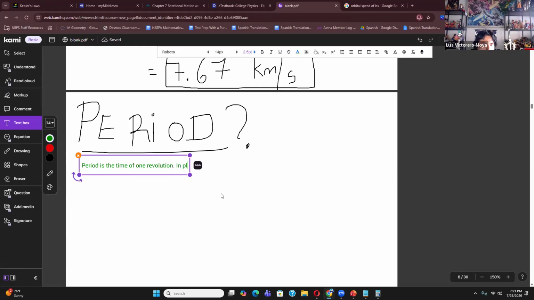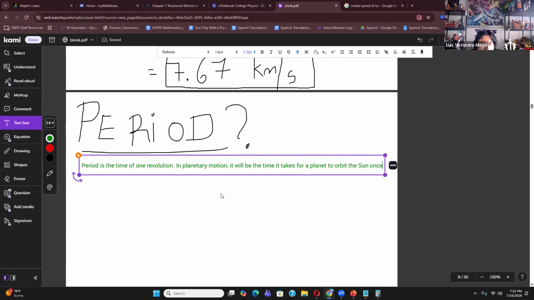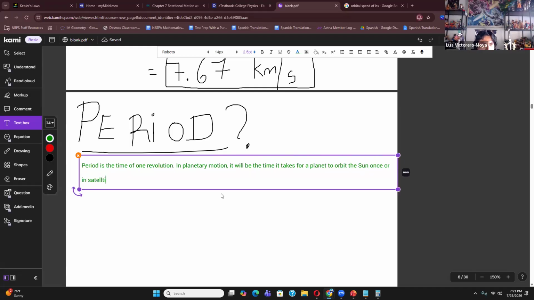In planetary motion, it will be the time it takes for a planet to orbit the sun once, or in satellites, the time it takes for a satellite like the ISS to orbit the Earth.